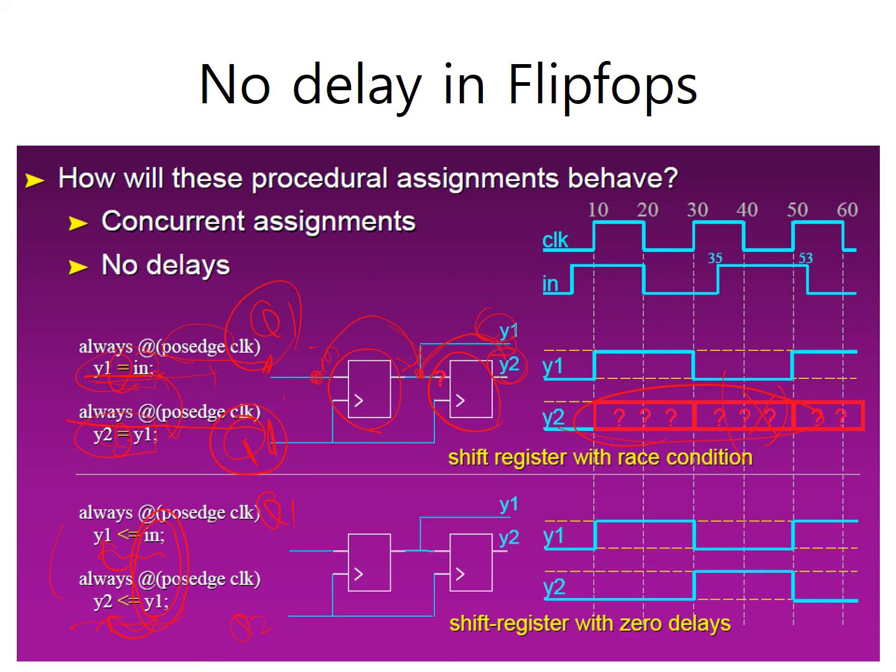Even though there's no clock to Q delay description here, potentially there is a delta delay inside, like a Q1 to Q2 different time slot, right? So the behavior properly captures the flip-flop operation. The output behaves like a flip-flop. So in sequential logic assignment, you must use a non-blocking statement, right?